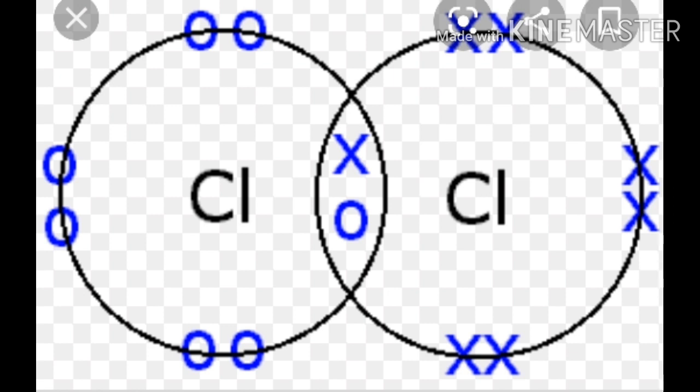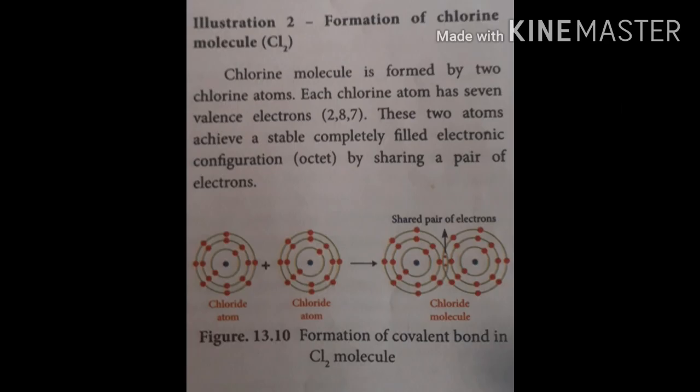In the same way, the second atom shares 1 electron with the first atom. Thus, a shared pair of electrons is formed. In the diagram, it is clearly represented, 2 electrons common to both the atoms of chlorine. Thus, the bond is formed by the sharing of electrons of both the atoms.